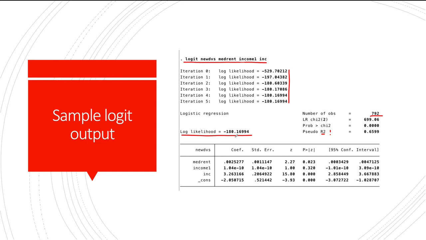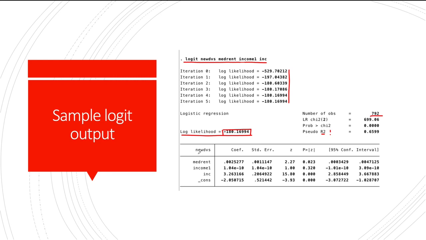Realistically, we rarely ever see something that small. This is a useful number only insofar as we can compare it to the log likelihood of another logistic regression model, maybe one that includes more or fewer variables. So it's just in relation to another model. We don't worry about interpreting it. I'll show you a goodness of fit measure in just a second.